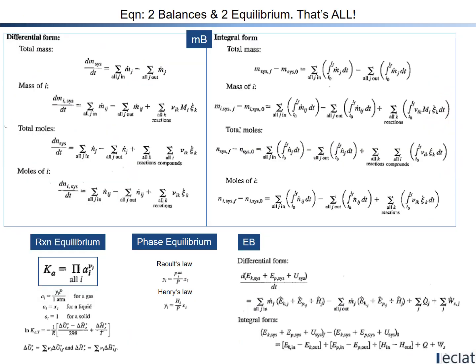Okay, so how many equations are required for calculating something related to chemical processes? How many? A lot? I don't think so. What we need is only two balance equations plus two equilibrium equations.